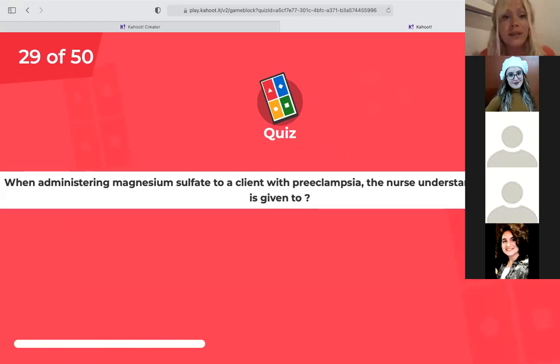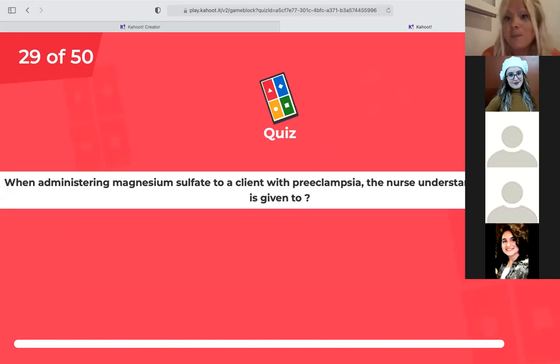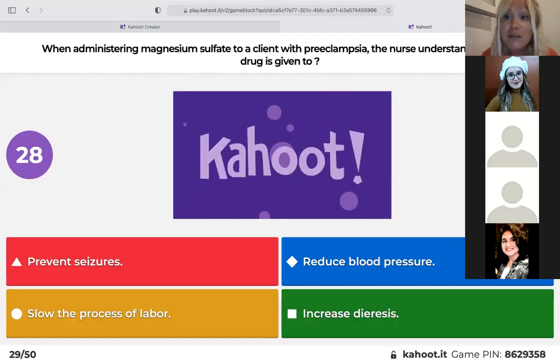When administering magnesium sulfate to a patient with preeclampsia, the nurse understands that this drug is given to what?